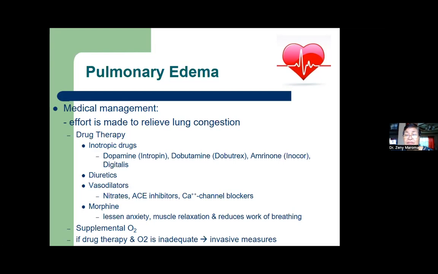And the longest period of time to do suction is, ano yung longest period of time to do suctioning? 10 to 15 seconds. Because with suctioning, you remove not only secretion, but even oxygen. So we have to do suctioning aseptically. Okay?